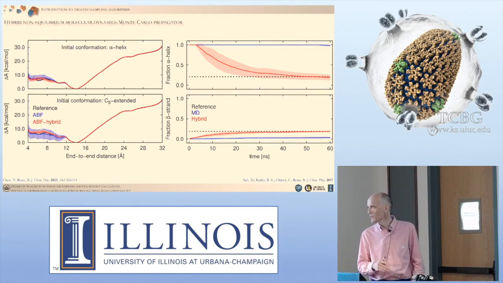So we're pretty sure that this is a converged simulation, an 8 microsecond simulation. And definitely, if you compare, in red you have the hybrid method, ABF with accelerated MD, against pure ABF. In terms of uncertainty, we're doing a much better job with the hybrid method.